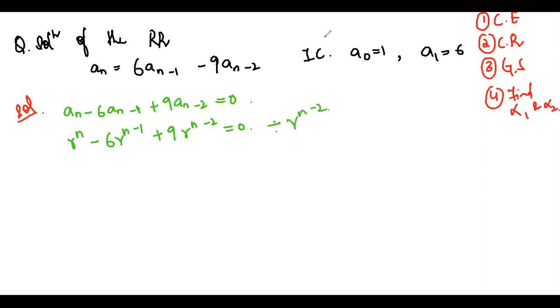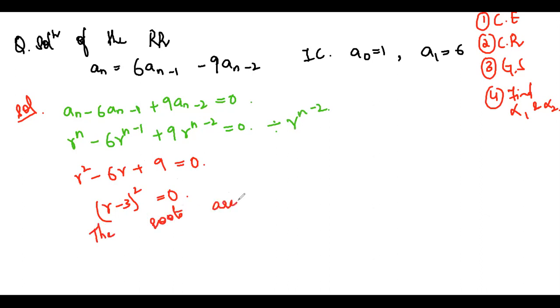So divide it with r power n minus 2. Now for dividing by r power n minus 2, we will get r square minus 6r plus 9 is equal to 0. Now this is basically r minus 3 whole square is equal to 0. The roots are r1 is 3 and also r2 is 3. That is, the roots are real and equal.